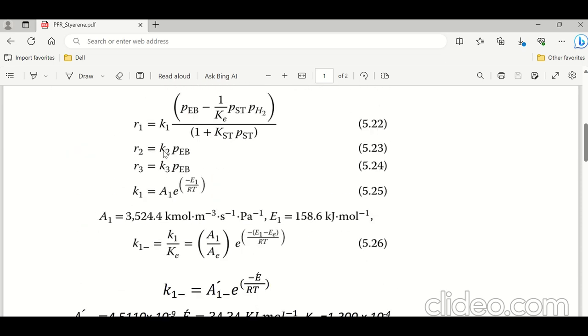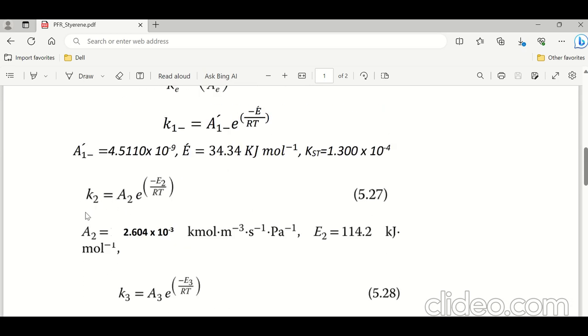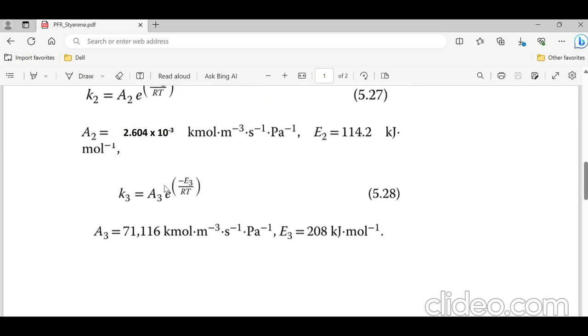Similarly, K2 can be calculated using the Arrhenius law, and we are given the values of A2 and E2. And for reaction 3, K3 can be calculated using the Arrhenius law, where the values of A3 and E3 are given.